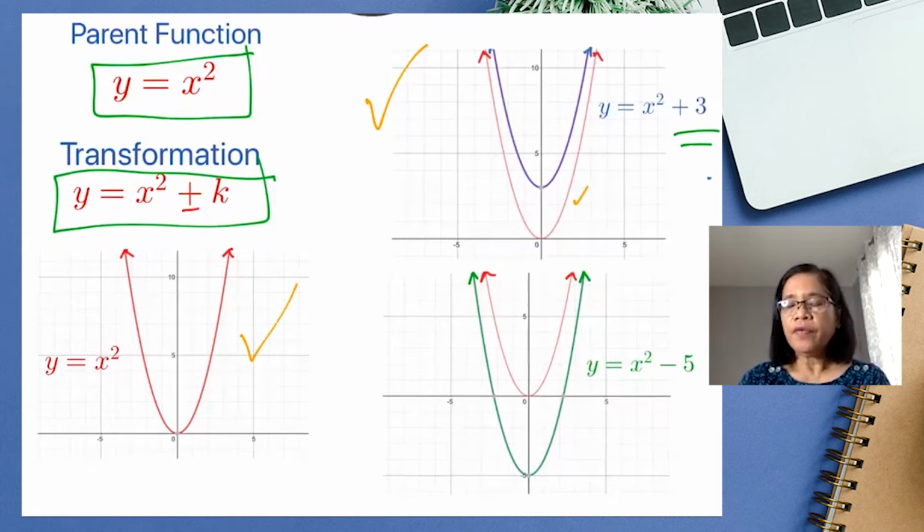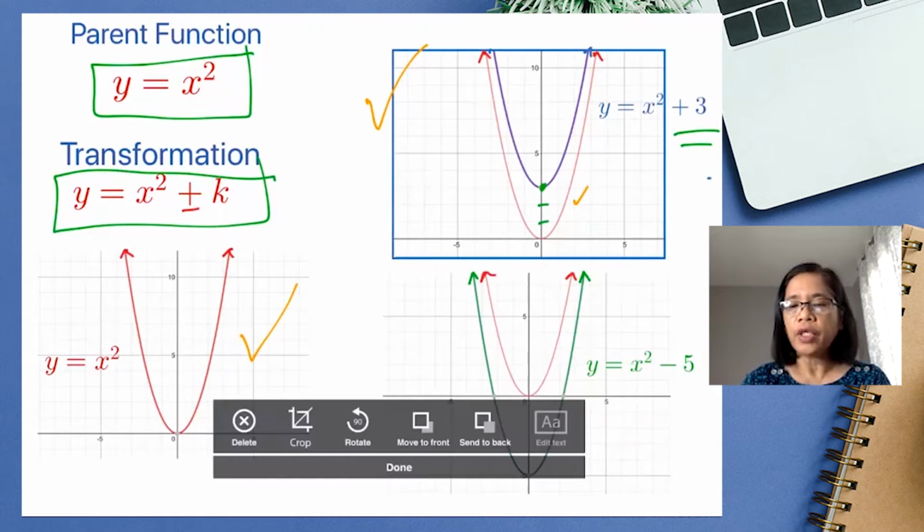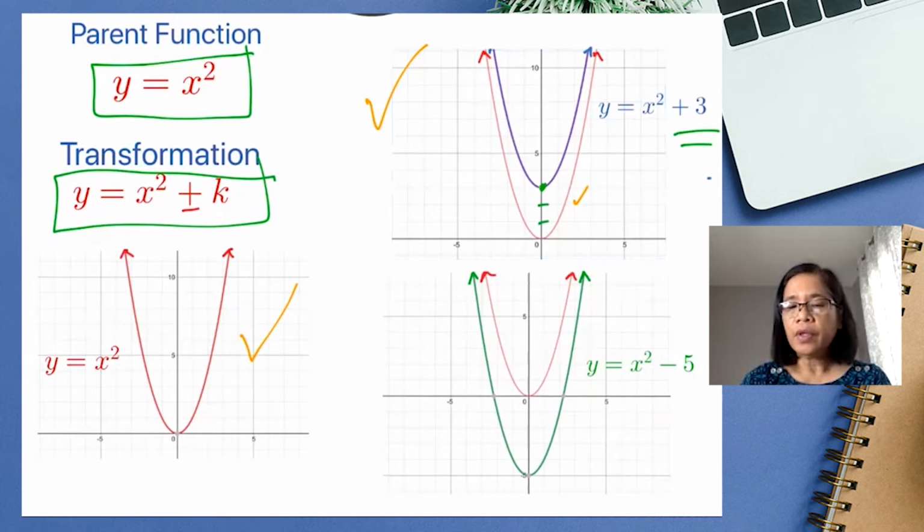So the value of k here, when you look at this blue graph, is the original graph moved k units up: 1, 2, 3. Each point on the graph will be moved 3 units up. So the k here displaces or moves the graph k units up or down. So it's a vertical shift.